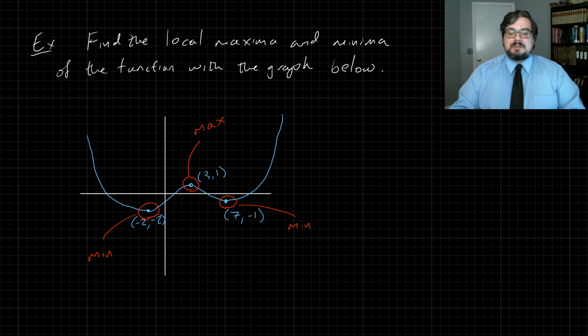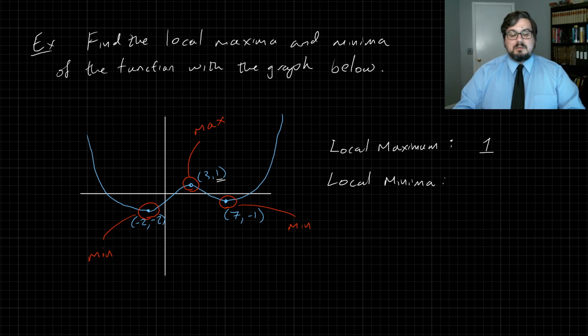And so we would say that this function has a single local maximum of 1, because that's the y value corresponding to our point that sits at the top of a hill in the graph. And this function has 2 local minima.